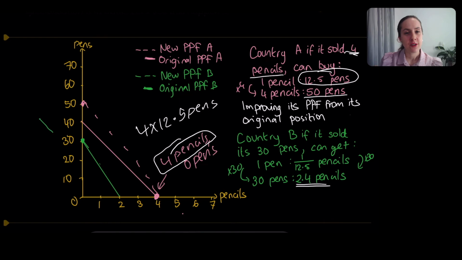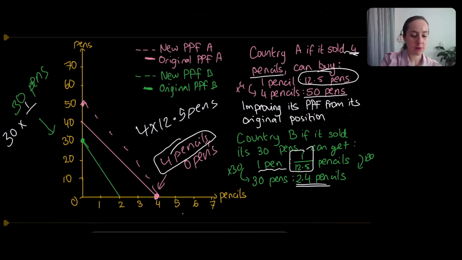So let's try this for country B. Country B had 30 pens to sell, and each pen could get them 1 divided by 12.5 pencils. So 30 times 1 over 12.5 pencils gives them 2.4 pencils.